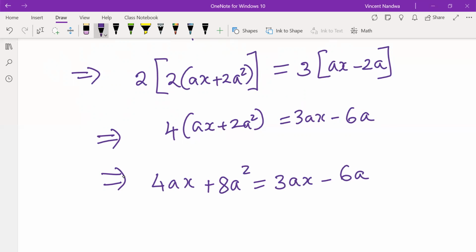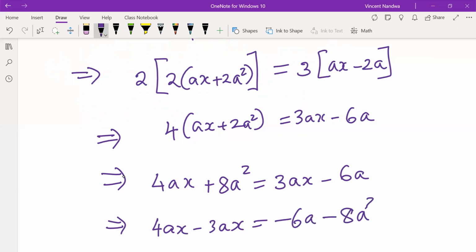Now, because we are solving for x, we collect terms in x, so take this to the left-hand side. So we'll have 4ax minus 3ax equals minus 6a minus 8a squared.